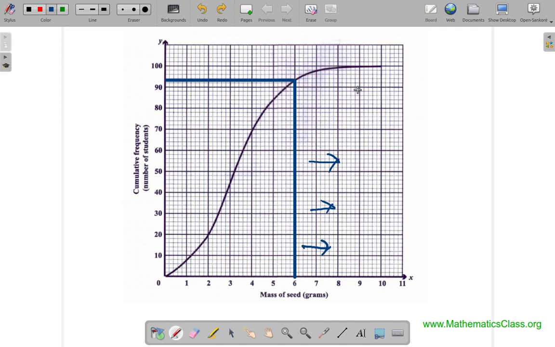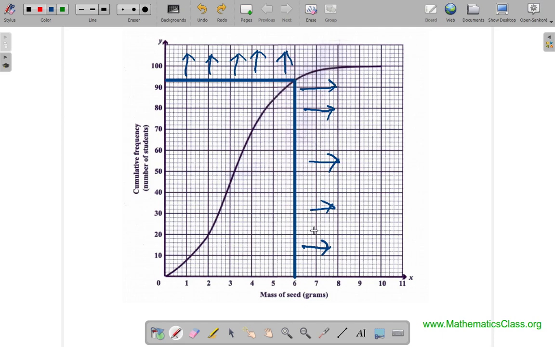That's where it stops. Whatever number of grams is greater than 6. The arrows pointing to the right mean that you're looking from about 94 up, the number of students who estimated the mass to be greater than 6 grams.